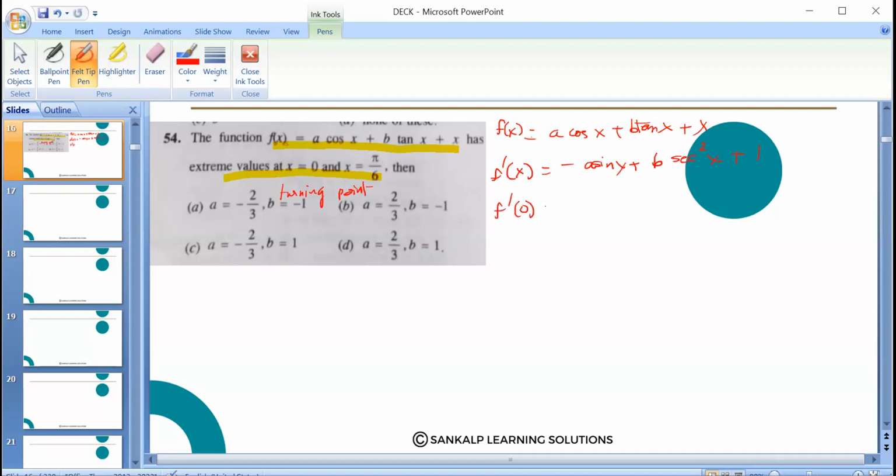When you put the turning point 0, minus a sine 0 plus b secant square 0 plus 1 should be 0.